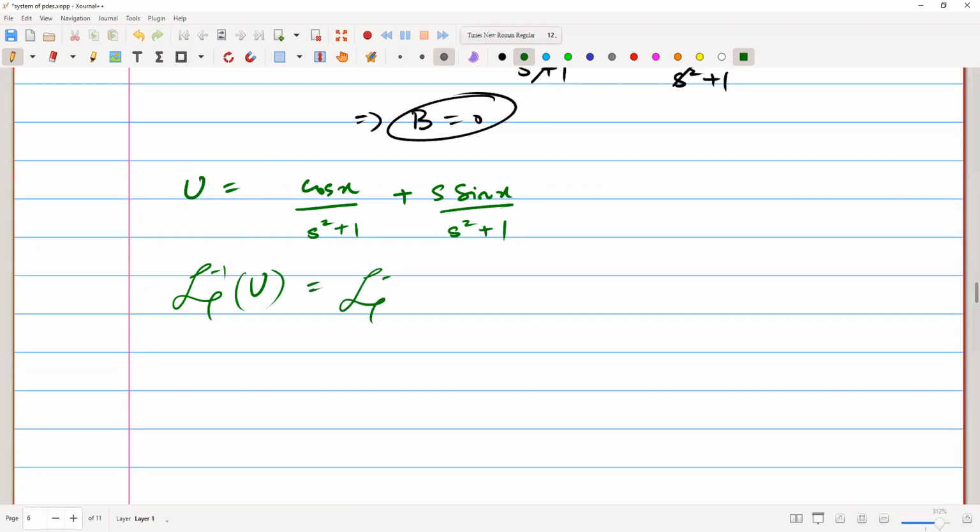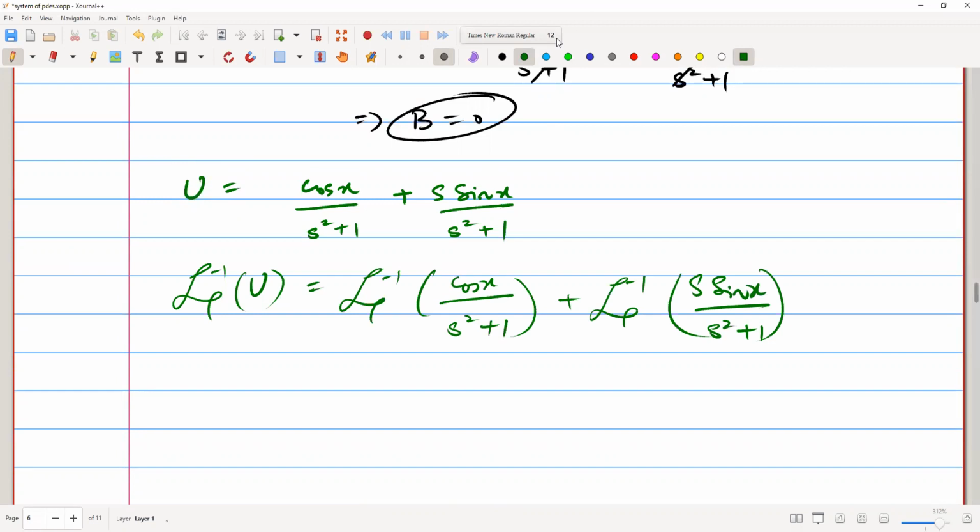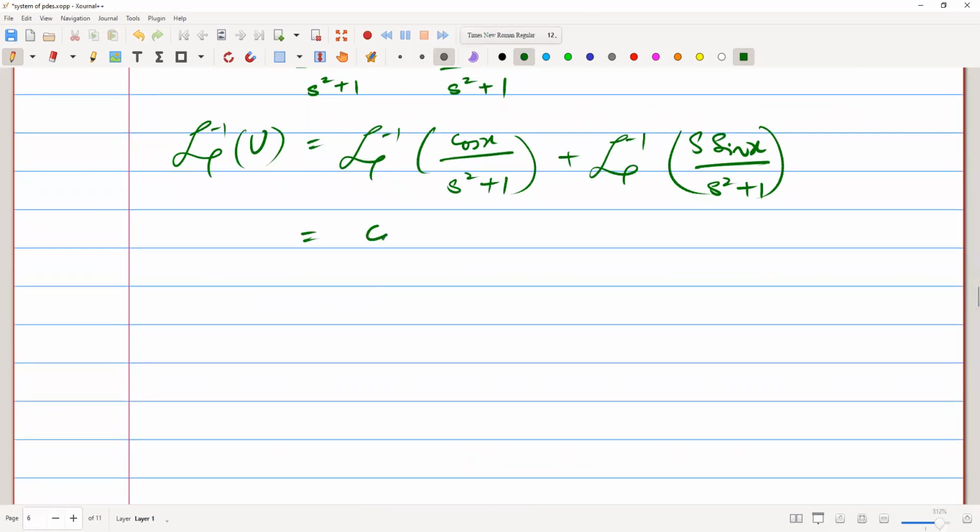So the inverse Laplace will be cosine x times the inverse Laplace of 1 over s squared plus 1, plus sine x times the inverse Laplace of s over s squared plus 1. The Laplace inverse of this will be cosine x times sine t plus sine x times cosine t. So this is u of x comma t.